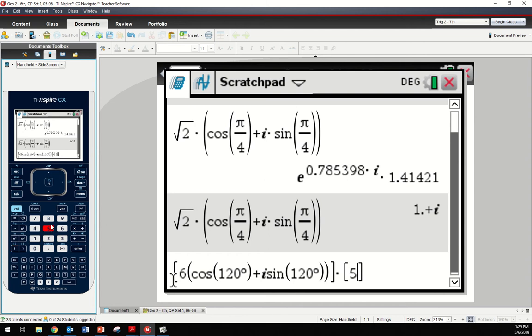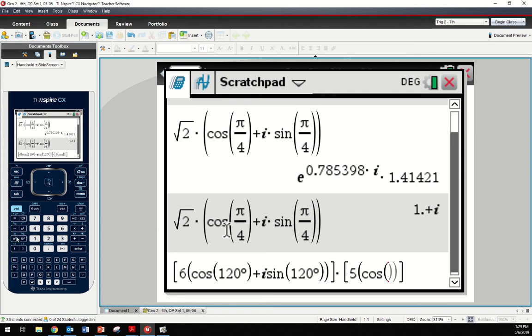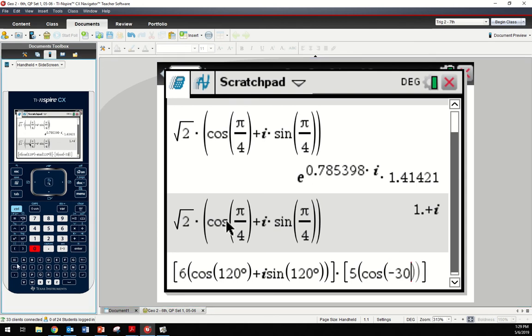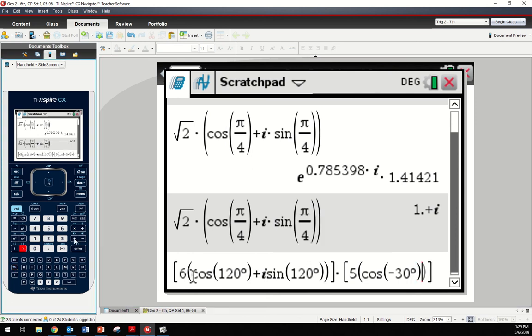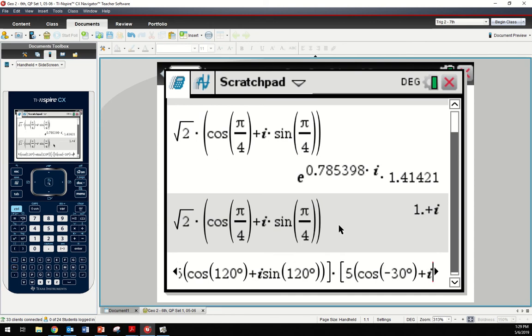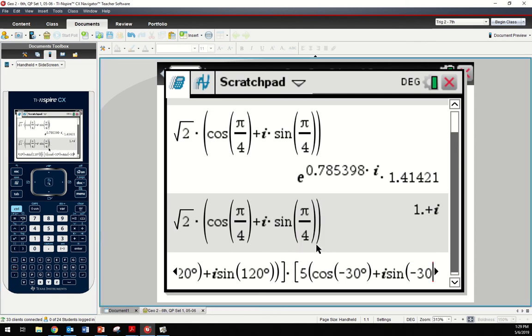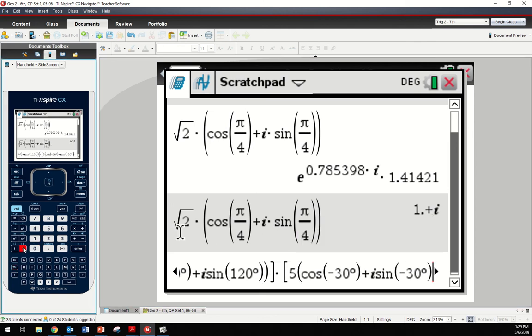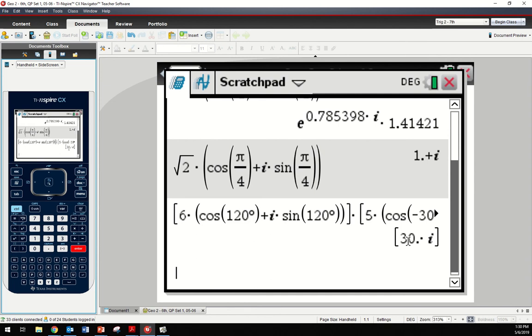It was 5 cosine of negative 30 degrees plus i sine of negative 30 degrees. Okay, there we go. And so my answer is 30i.